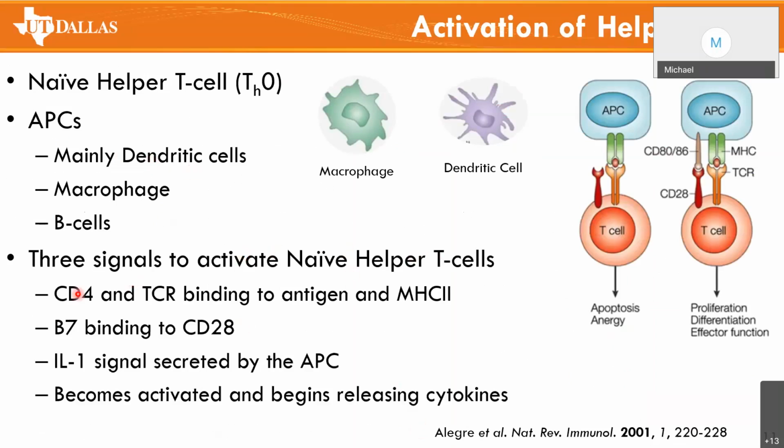The first one is the CD4 and T cell receptor binding to the MHC and antigen molecules. The secondary signal is B7, which is CD80 and 86 binding to CD28. And the third signal is when APCs express interleukin 1 to bind to a receptor in the T cell. With those 3 signals, the naive T cell is fully activated and begins expressing cytokines.